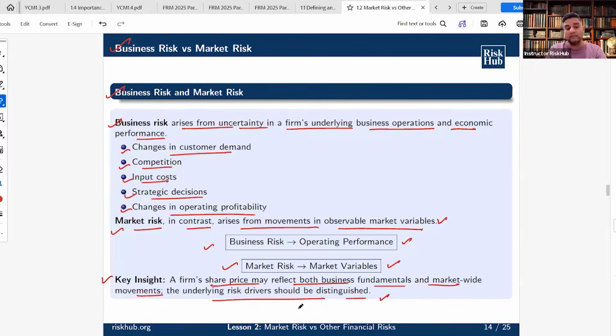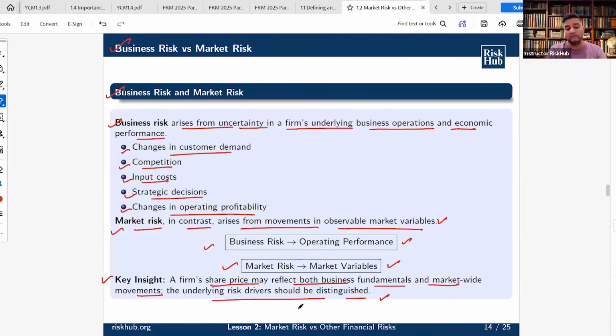An observable market variable is a number quoted by the market and available as a price series. Business risk leads to operating performance. Market risk leads to market variables. The two lines say the drivers sit in different places. Business risk sits inside the firm's income statement. Market risk sits inside the quoted prices. The slide's closing point is that a share price reflects both. Part of a move comes from the company's own result, part comes from the whole market moving.